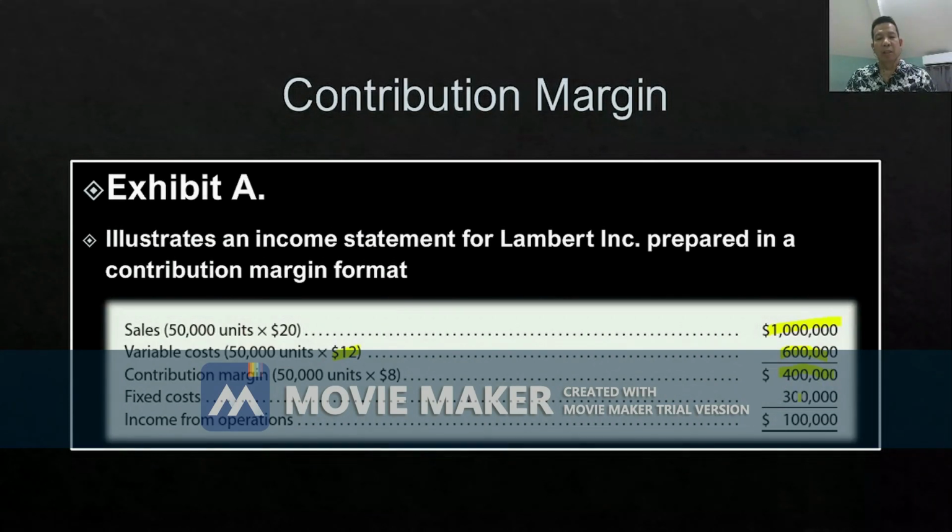Lambert has fixed cost of $300,000, so Lambert has the income from operation of $100,000.